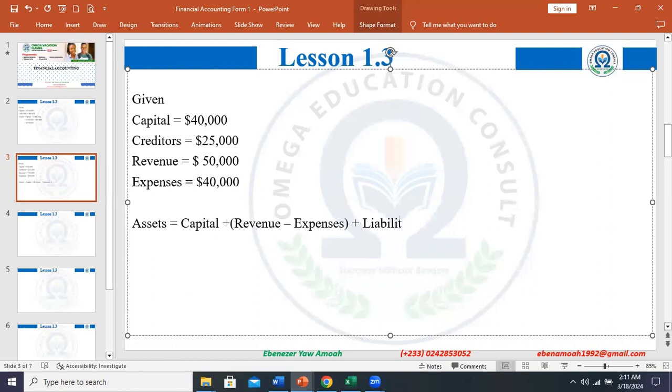So you have to use the extended version of the accounting equation in this case, because we have these elements, revenue and expenses coming in, right?